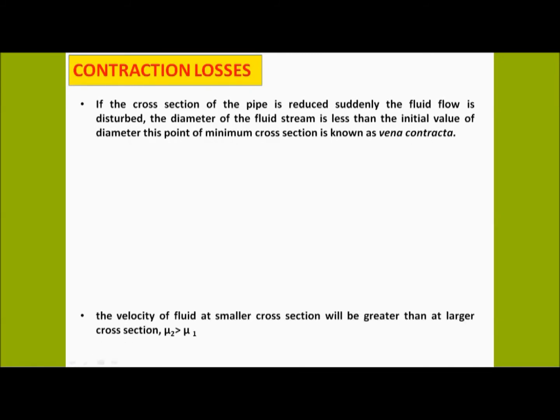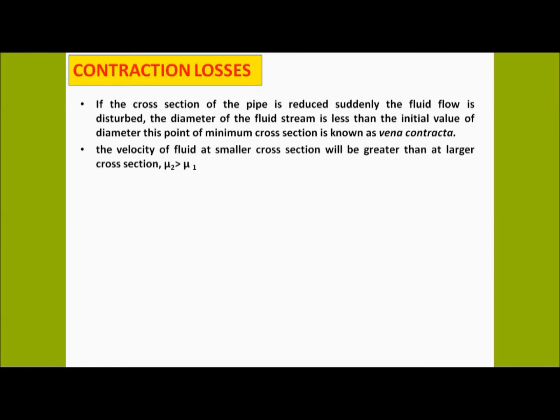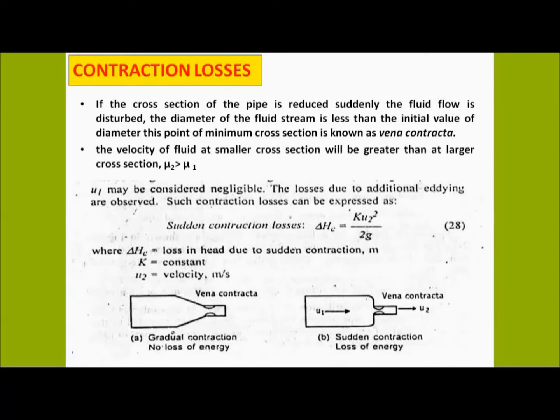I will show you which is the vena contracta. The velocity of the fluid in the smaller pipe will now be greater. Earlier u1 was greater, here u2, the final velocity, will be greater. So this is the bigger pipe, this is the smaller pipe, this is the contraction, and this is the vena contracta.